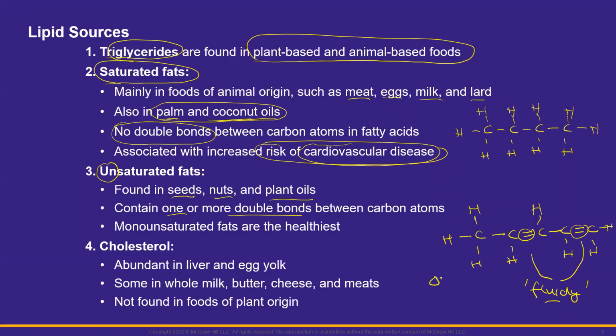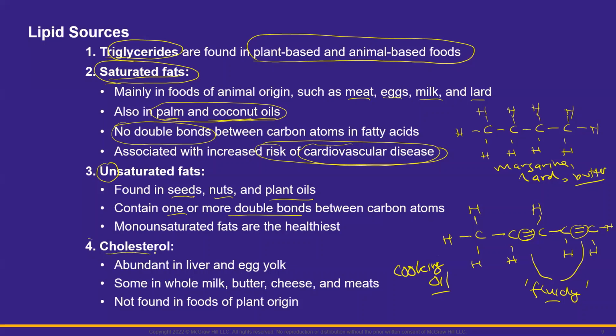An example is oil. So cooking oil is mostly unsaturated fat. But saturated fat like margarine, lard, butter, they are all solid at room temperature. Because they are saturated fat.